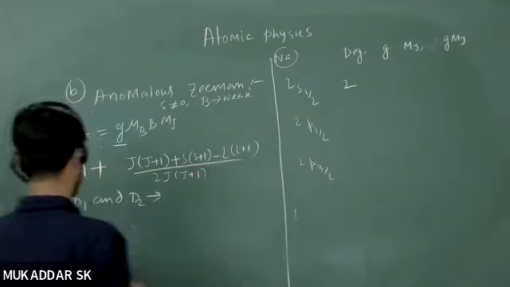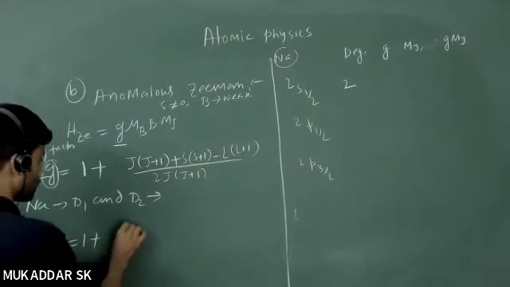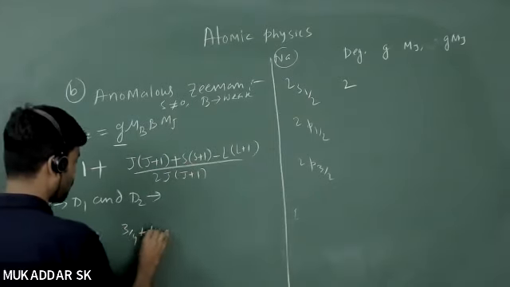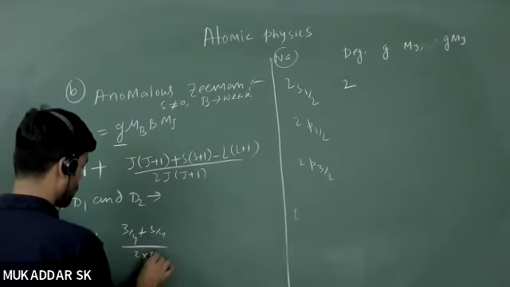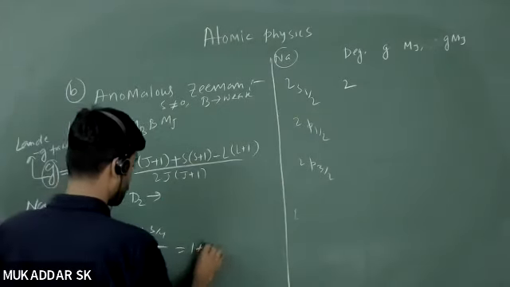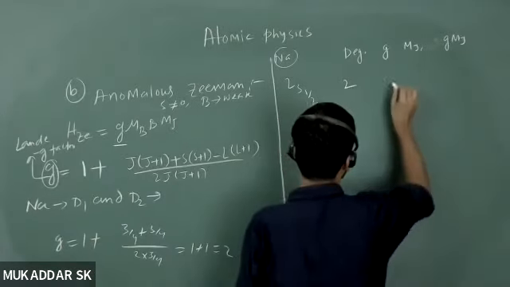L is 0. So g is 1 plus 3/4 minus 3/4 over 2 times 3/4, which is 1 plus 1, so it will be 2. Like that you can calculate. So this is your g.